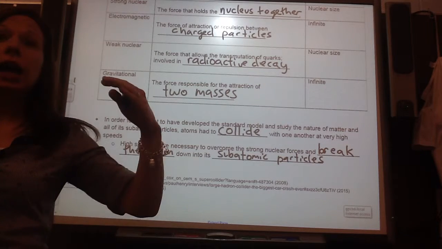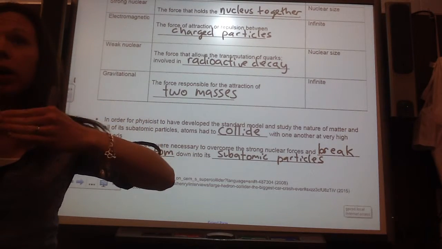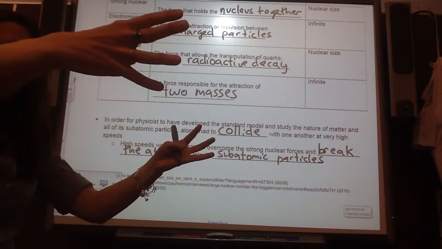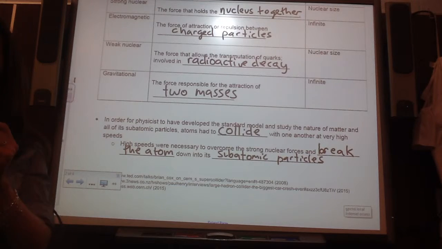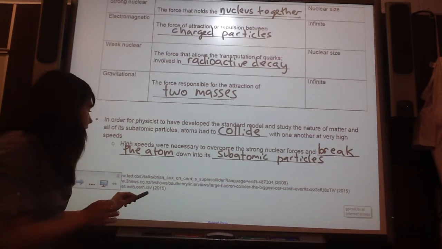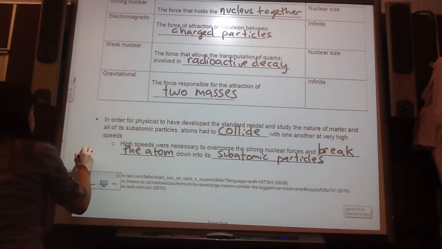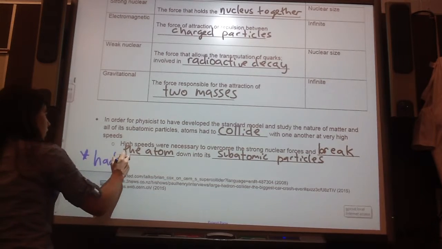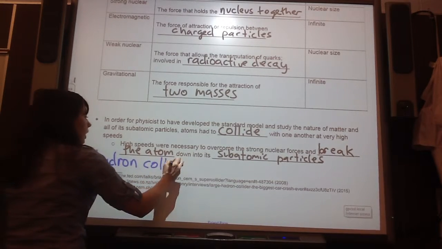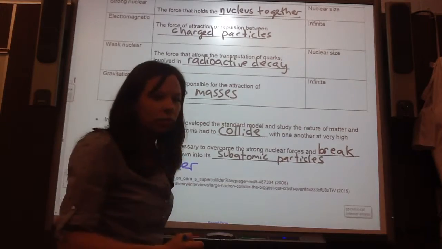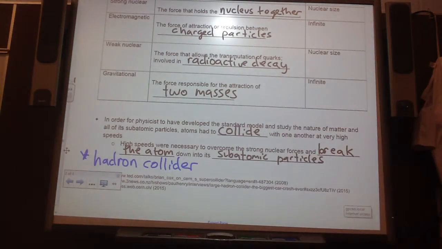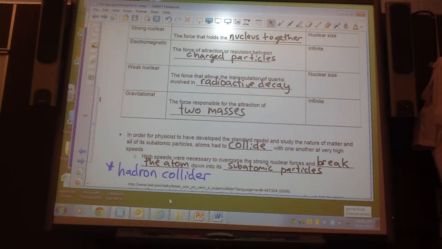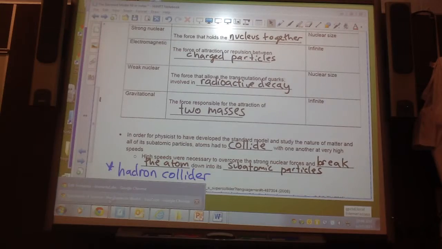And if we could smash it with another particle, we can break that atom apart and look at its individual parts, okay? So this is where we see the Hadron Collider. So I'll show you a news report about this.